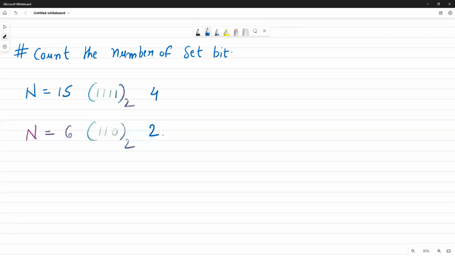Okay, if the question is clear and you guys know how to check if the bit is set or not, can you guys do this? How are you going to do this particular question? You can give me the idea which you are having and it will be good.